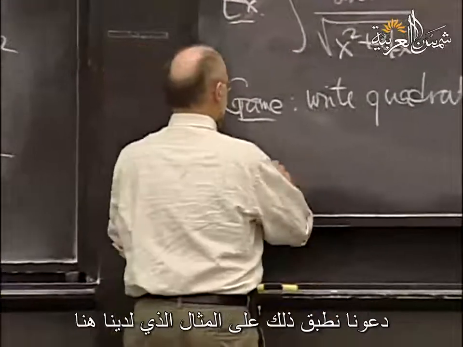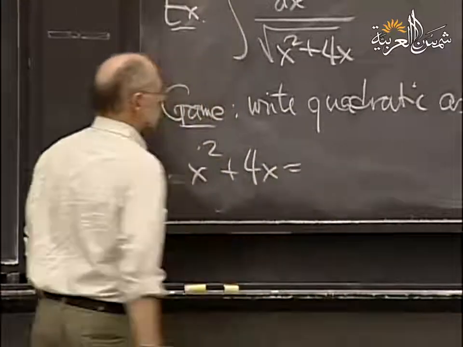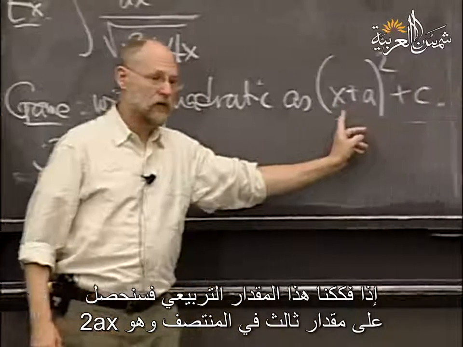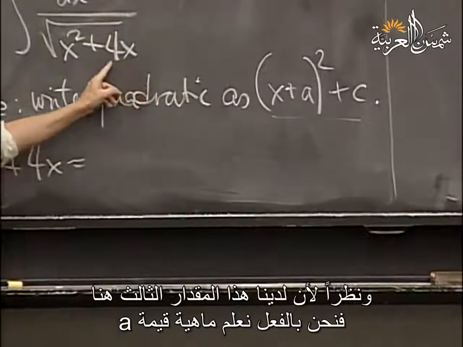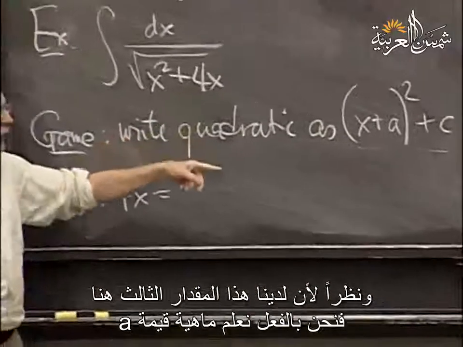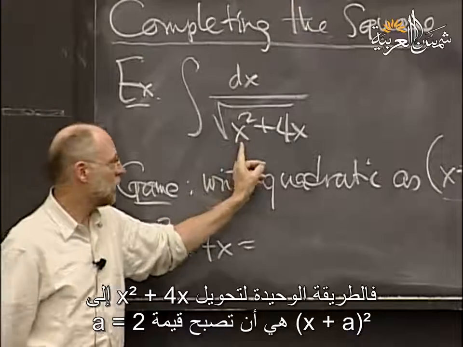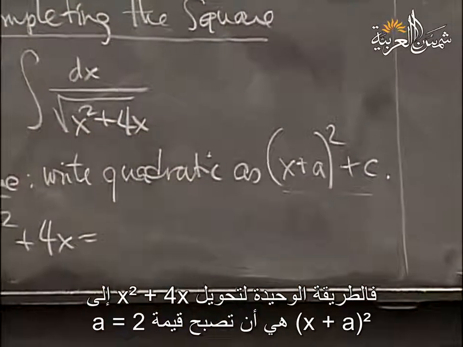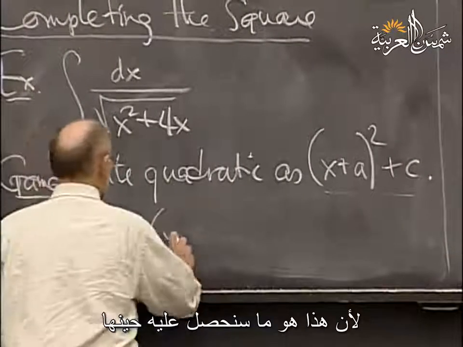So let's do that in this case. x squared plus 4x. Well, if you square this form out, then the middle term is going to be 2ax. And since I have a middle term here, I pretty much know what a has to be. The only choice, in order to get something like x squared plus 4x out of this, is to take a to be 2, because then this is what you get.